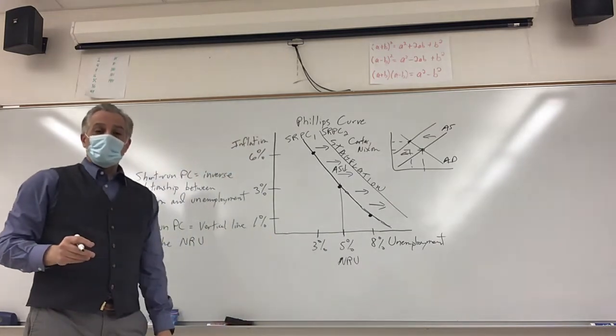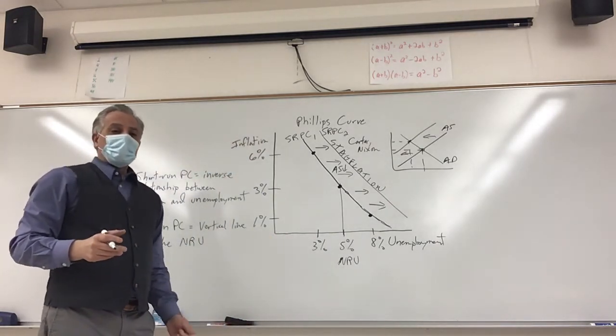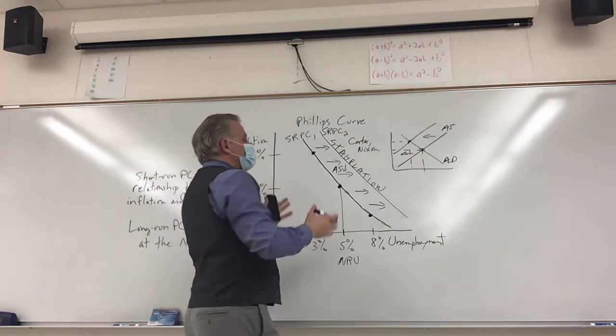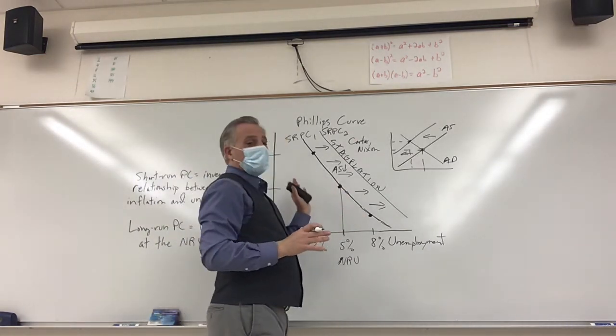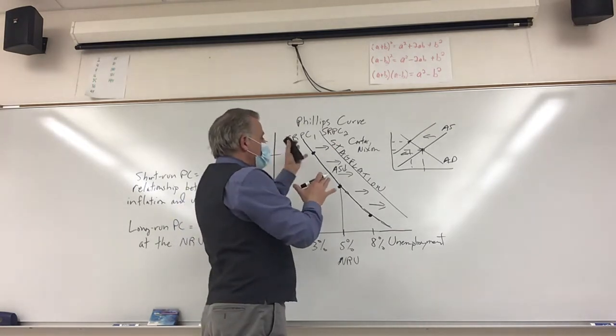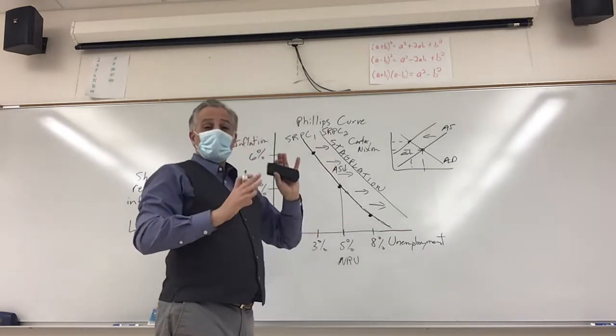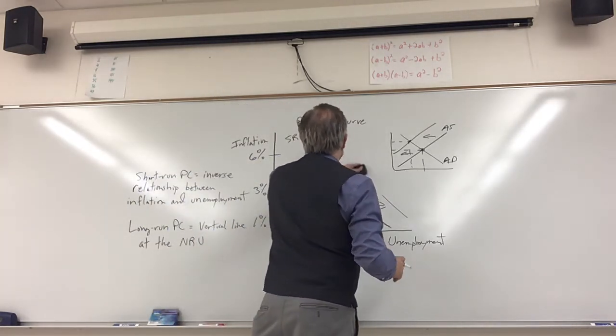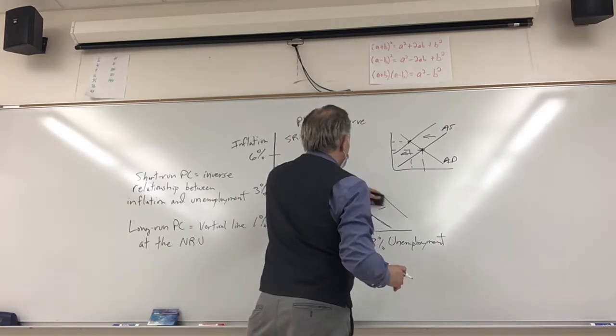High unemployment, high inflation, everybody's miserable, okay? So remember, we tend to think going to the right is good. Up and to the right on the Phillips curve is disaster, okay? So Jimmy Carter was president, we had stagflation.